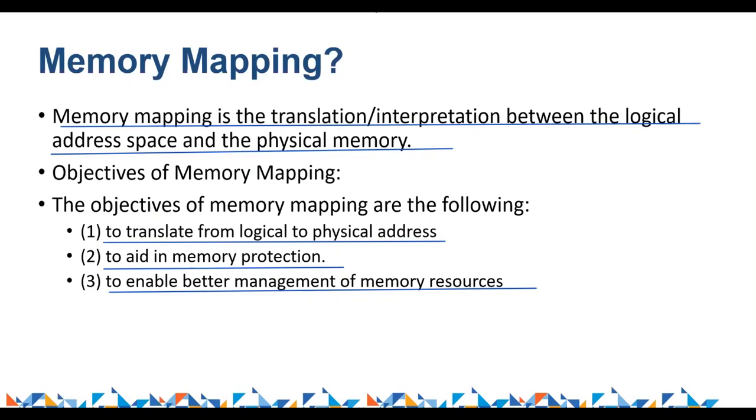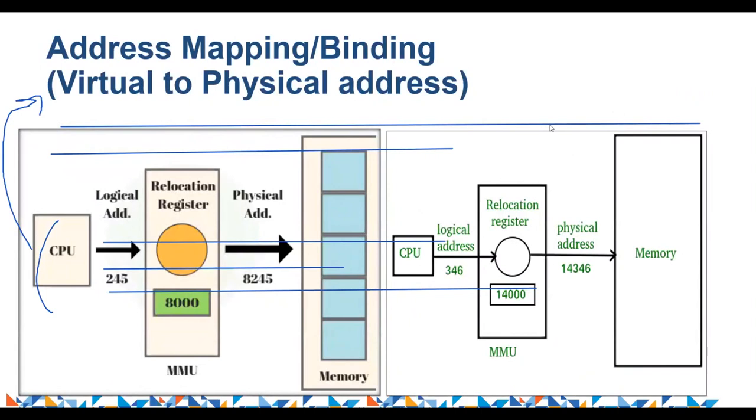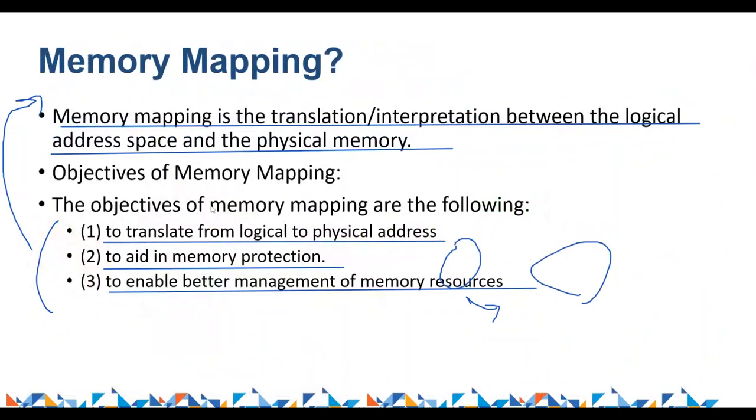It means that we do memory mapping for these three purposes, as you saw in this diagram. So why are we doing this? Because of those three objectives: to translate from logical to physical, to add memory protection, and to enable better memory management.